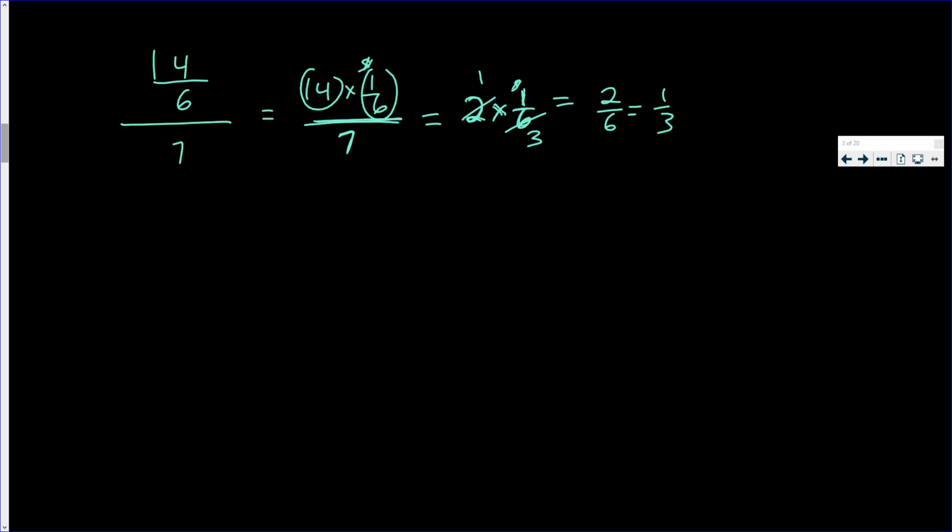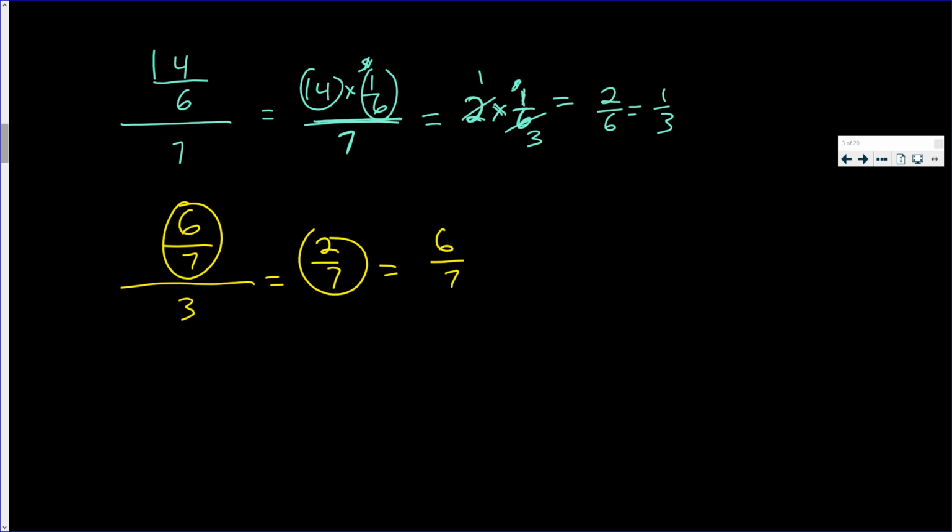So, if you have 6/7 and you want to divide it by 3, you could just divide the 6 by the 3 and get 2/7. If you don't believe that, wonderful. Don't believe it, let's show it.